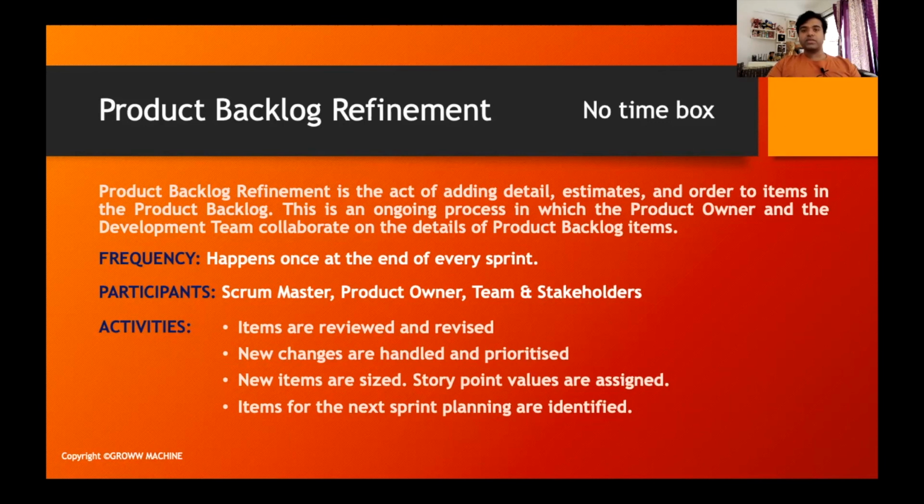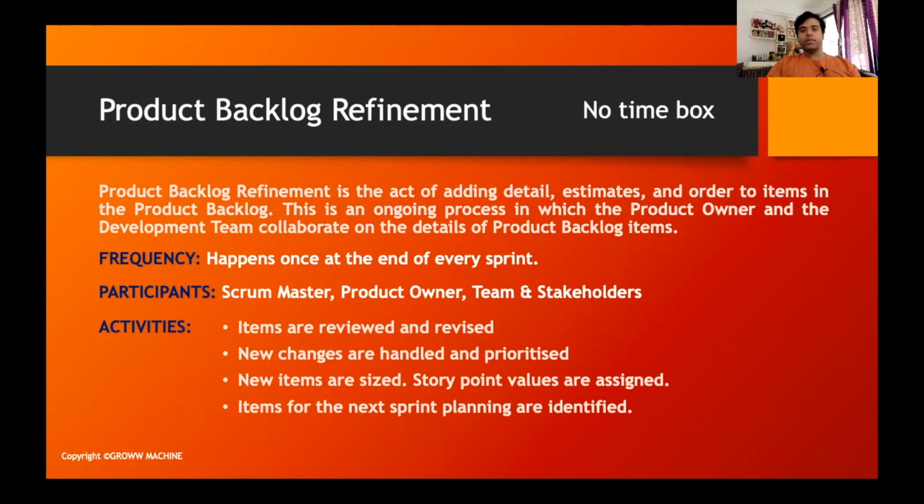They are also sized, because since it's an ad hoc ceremony, we are not waiting till the end of the sprint to size it in the next sprint planning. So usually this is the ceremony where we also size the new item that comes in. Suppose we are adding a new item, so definitely it's increasing our scope of work for that particular sprint.